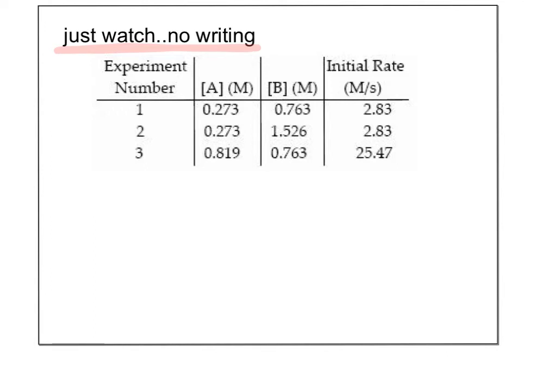So what I see is I have reactant A and I have reactant B. None of them stay the same the entire time. So we did 3 experiments this time. We have a rate for each. Okay, so here's what we need to do. We need to find some combinations where maybe something stays the same. So what if I look at experiment 1 and 2?